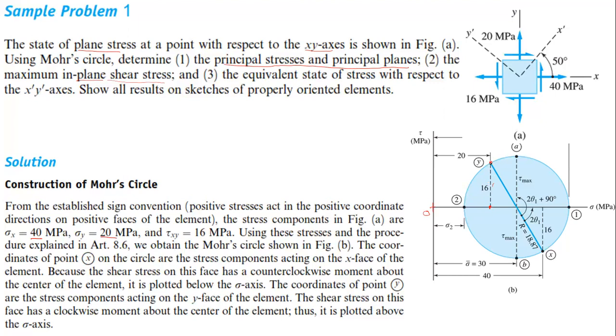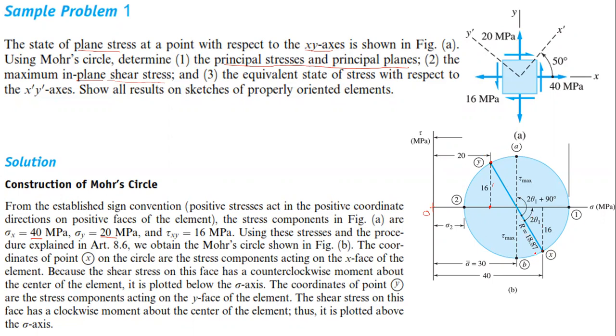So, ni naa ni atong point Y. Then, ang point X is positive, naa siya sa right, 40 MPa. Then, ang tau is 16. So, connect this two. Then, ni ang diameter sa atong Mohr circle.